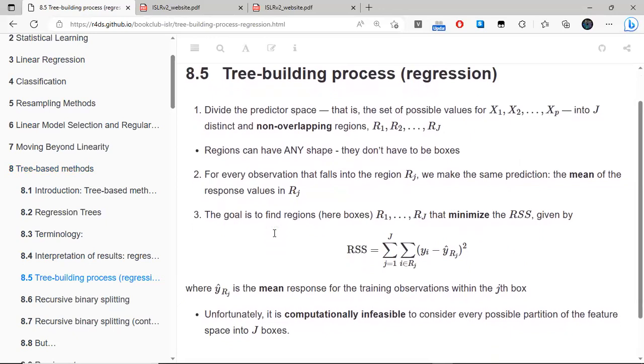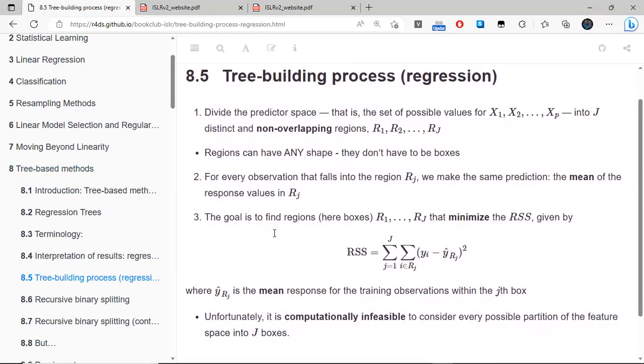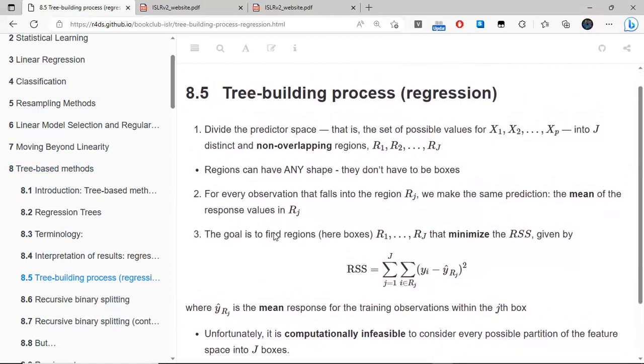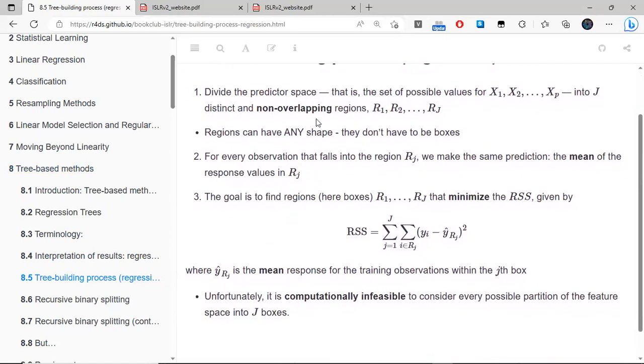Well, this is just a mathematical formalization of how we build this decision tree. So let's see. We started with stratifying the predictor space that is specified by these P predictors. And we did that using non-overlapping high-dimensional rectangles, R1 up to RJ.